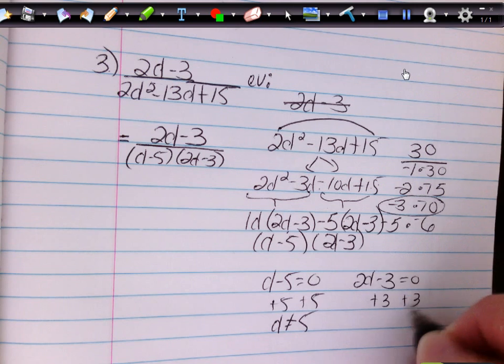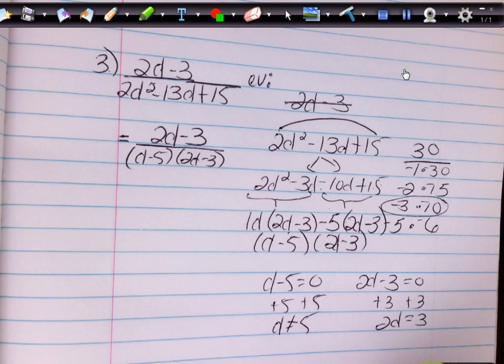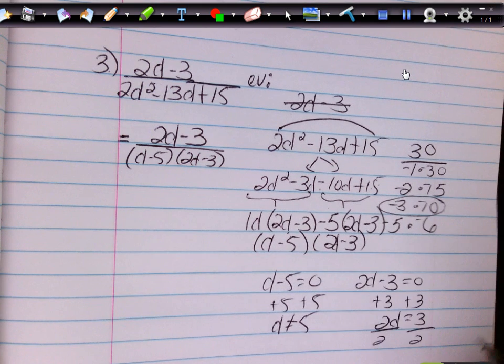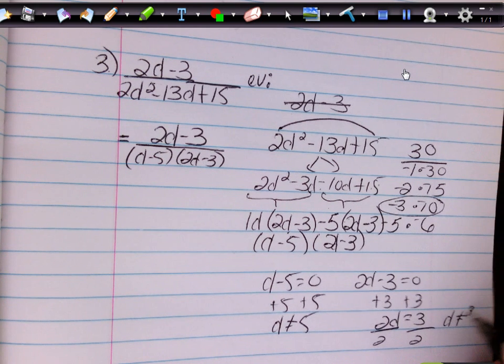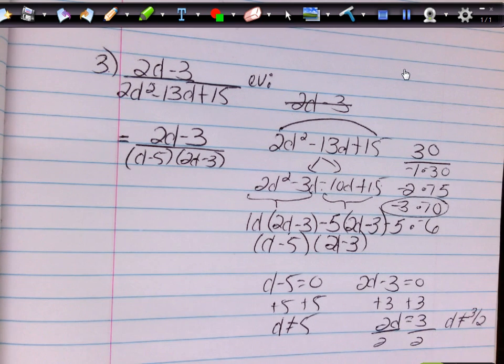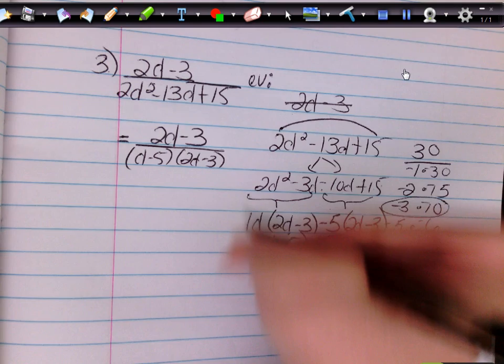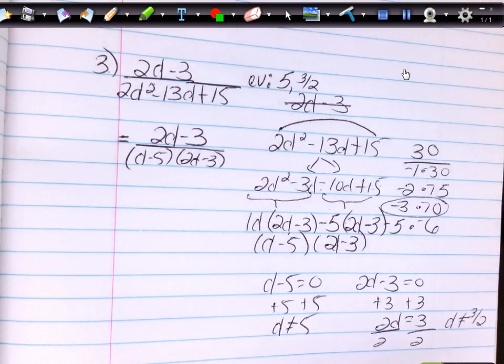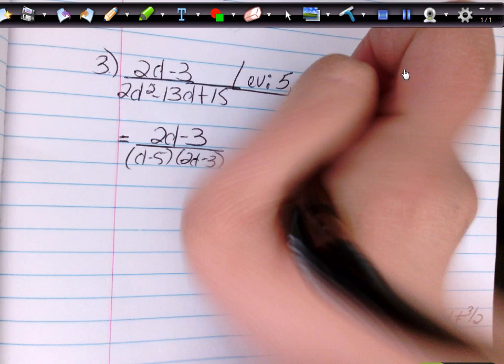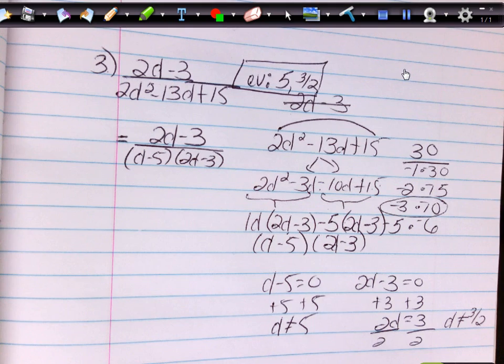Add the 3. 2d equals 3. Divide by the 2. And d is not allowed to be 3 over 2. So over here at my excluded values, they're going to be 5 and 3 over 2. Or 3 over 2 and 5 would be even better.